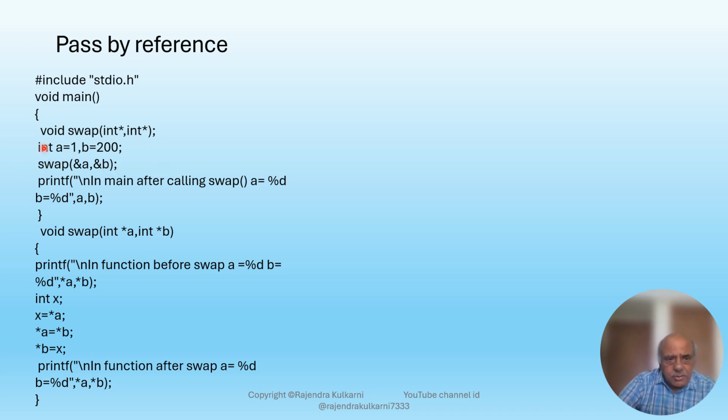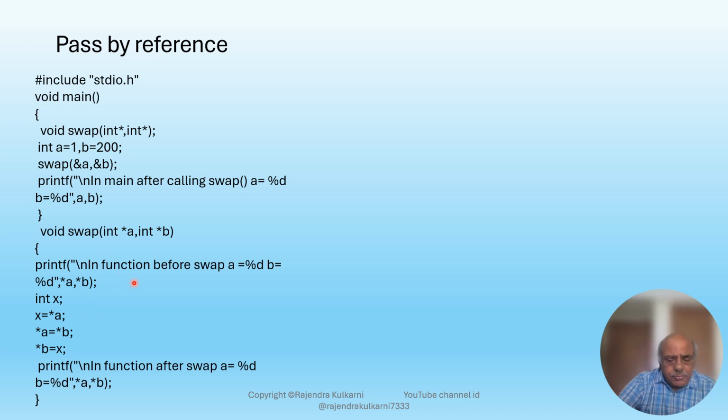A and b are the variables of the calling function. So these addresses of a and b are passed to the two pointers, int *a and int *b, belonging to the swap function.